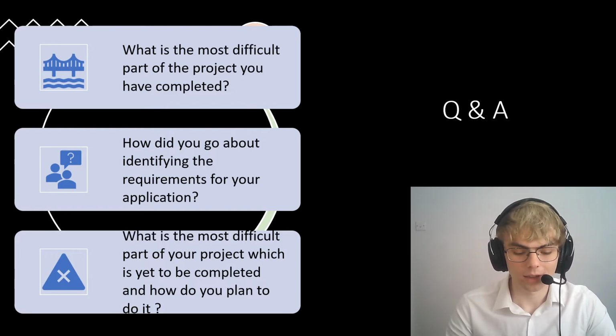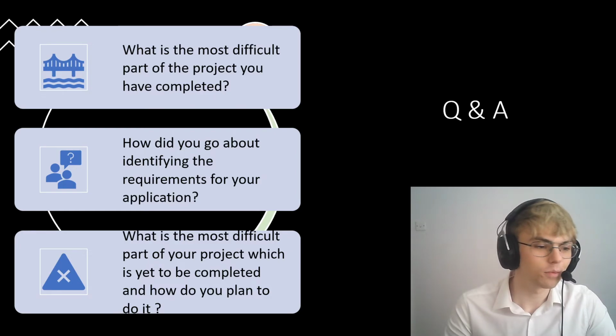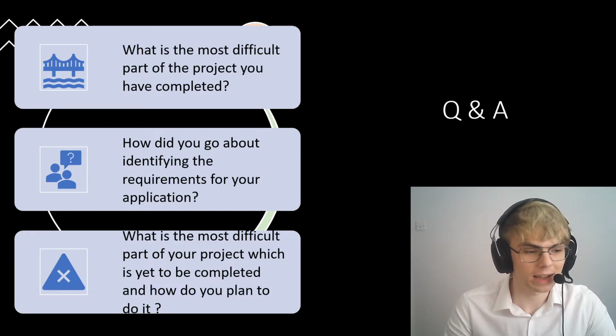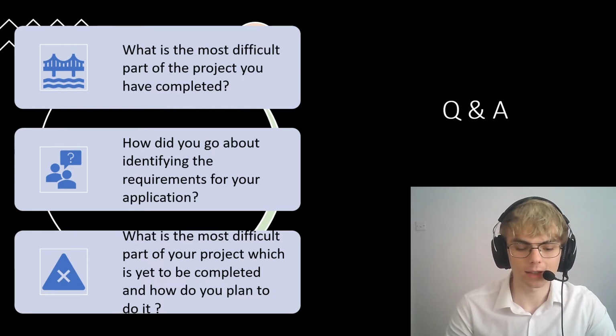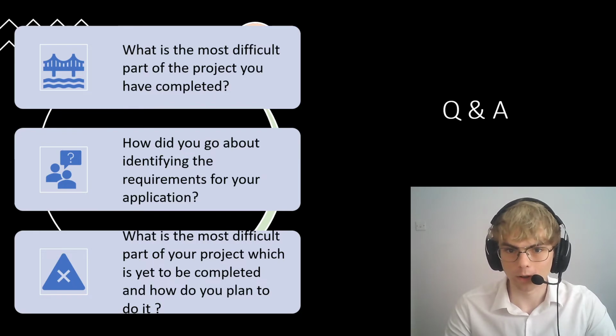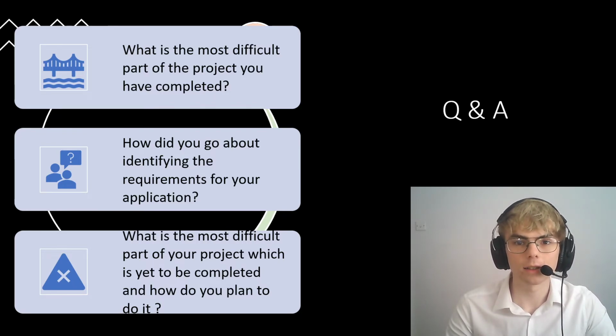Next question. What is the most difficult part of your project which is yet to be completed, and how do you plan to do it? For this one, I would say having the database auto update itself. Like I mentioned before, I've used a JSON file.